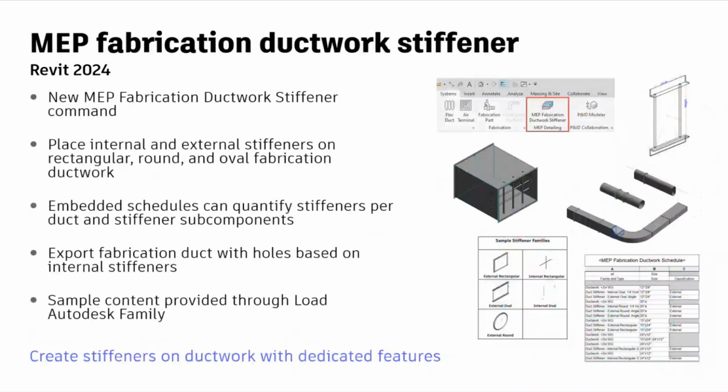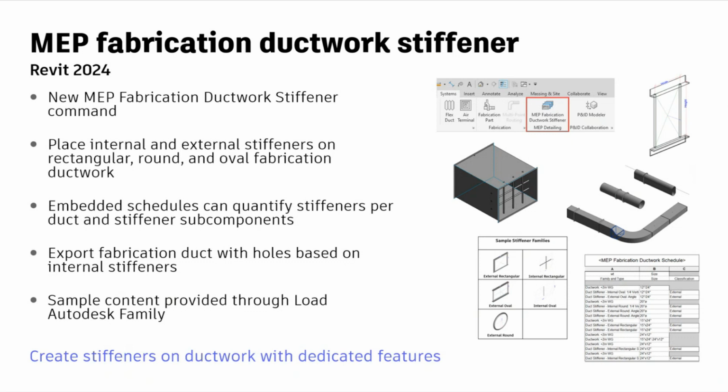Fabrication, so MEP fabrication, there's a new ductwork stiffener command. This is available under the System tab. This command enables the manual placement of load stiffener families. So currently stiffener families, they can be placed and hosted onto straight segments of fabrication ductwork.